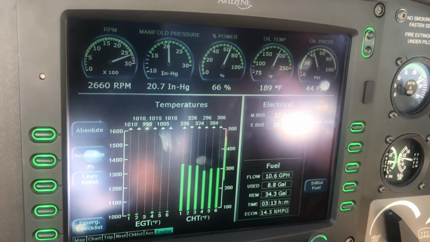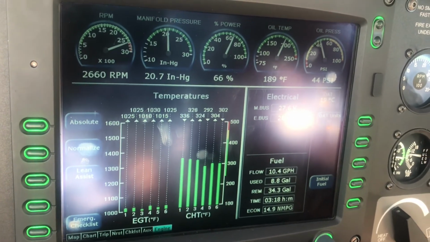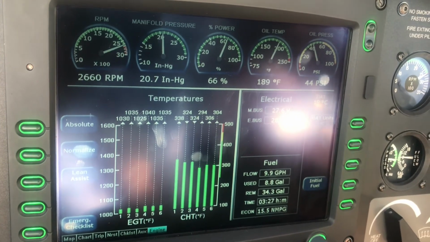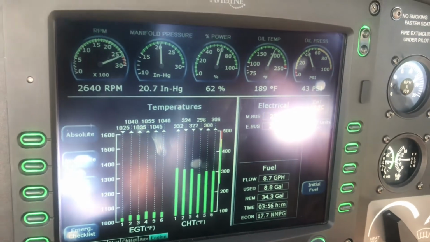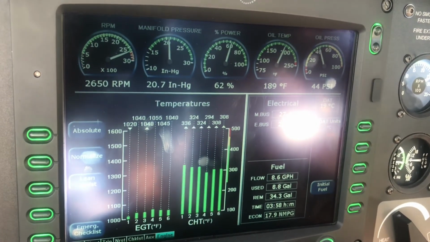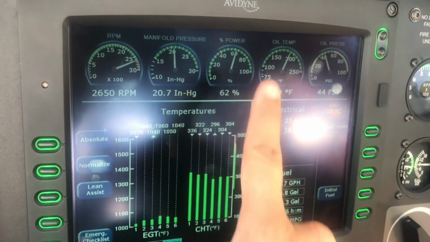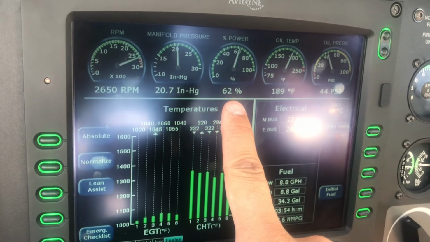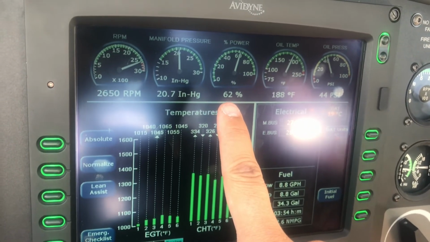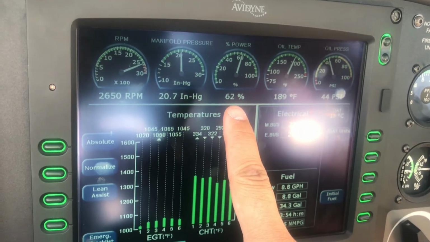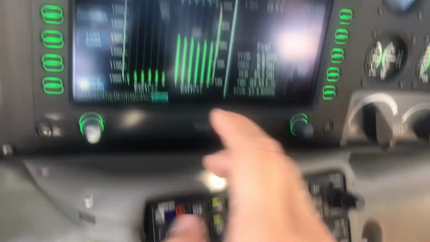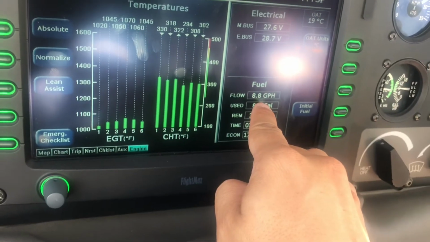You will see an increment on the EGT temperatures. We're going to go to the peak and then to the lean of peak side of the power. So right now we are on the lean of peak power. What's the percentage? It's less. So we were at about 66 to 67, and right now it dropped to 62%. So that will give us less speed and less fuel consumption.